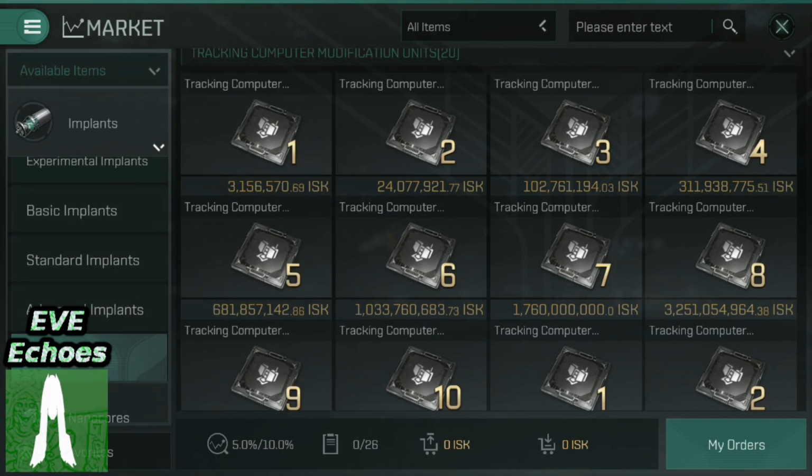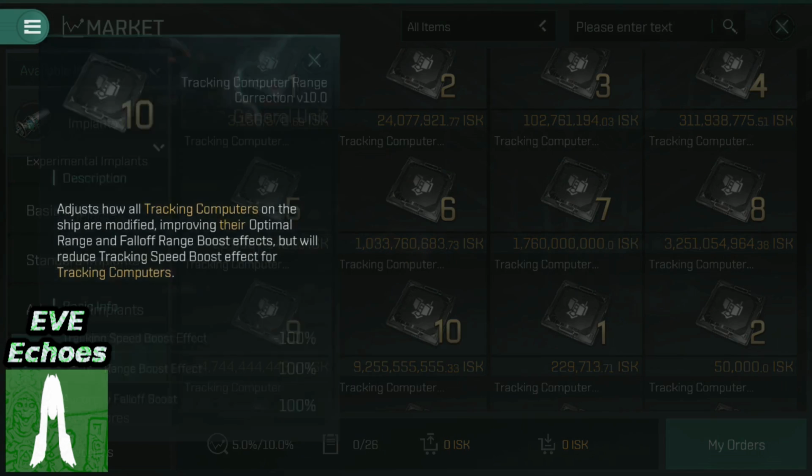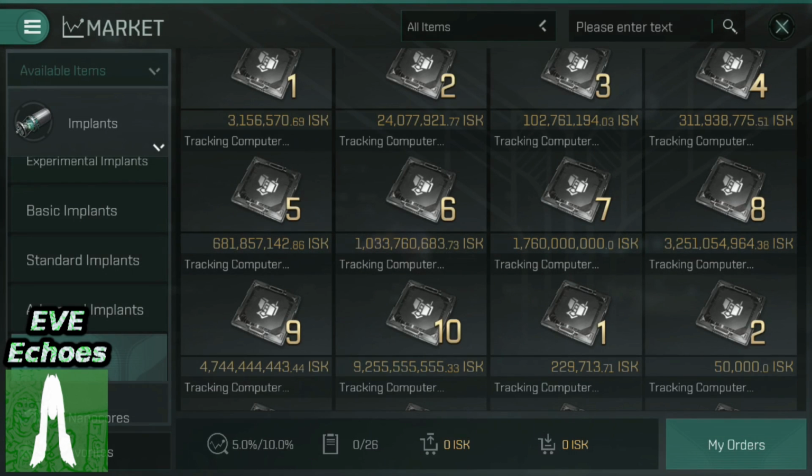But let's carry on. Whereas its level 10 variant, which provides a full 100% bonus, comes in at a whopping, apparently, over 10 billion ISK. Let's find out. It's currently 9.2 billion ISK, but the proof is in the pudding, it's still there. The higher the quality they are, the more expensive they're going to be. Naturally, that comes as part of this game.